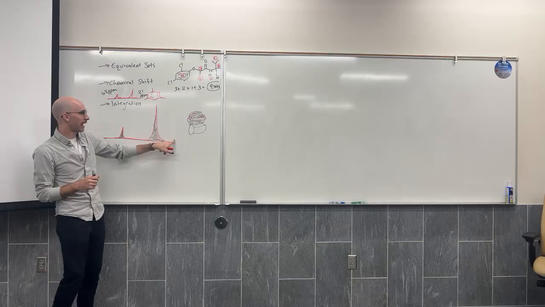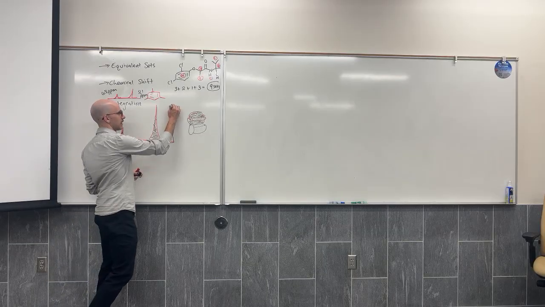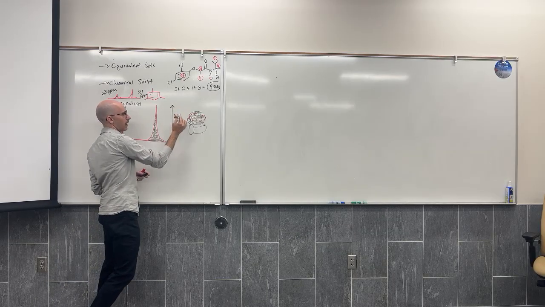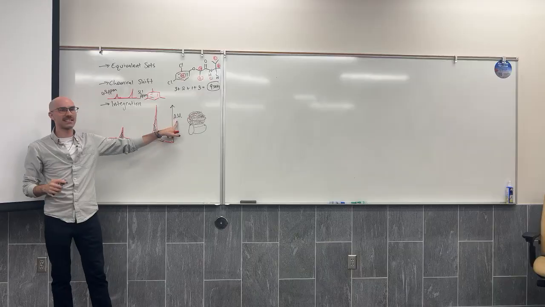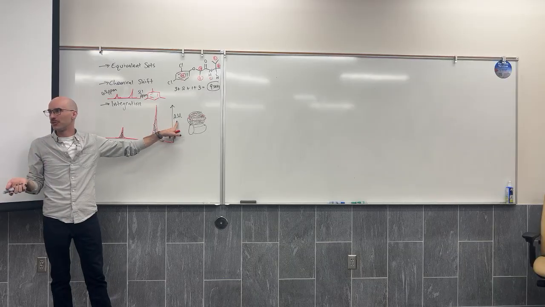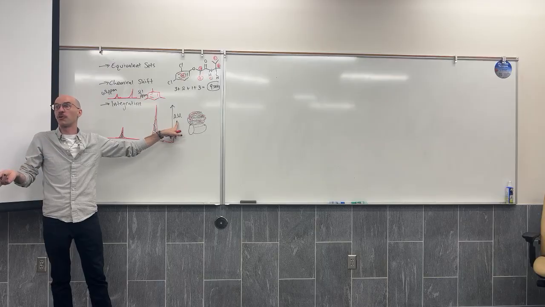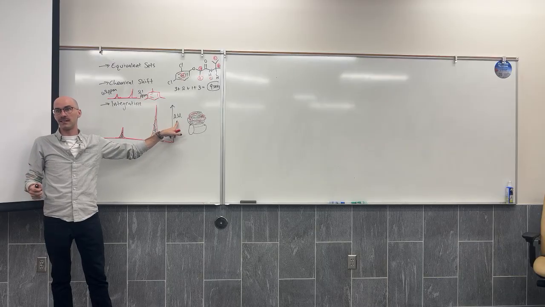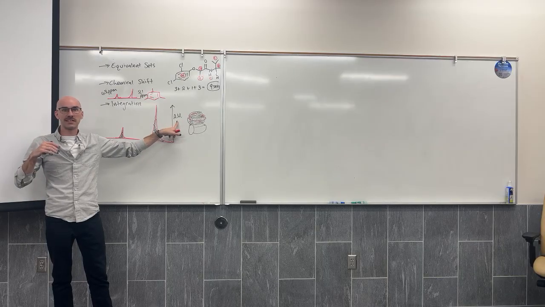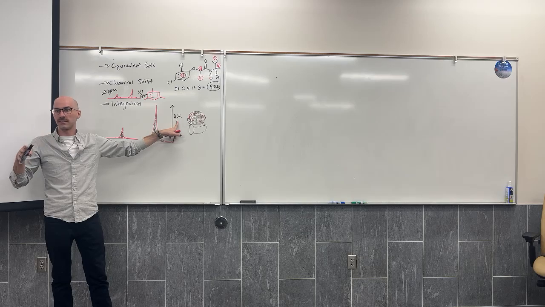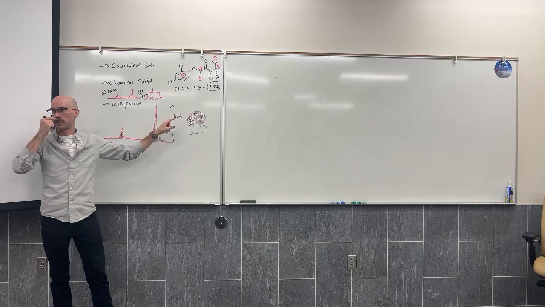Now, we talked about how the y-axis is relative intensity, which means that it's arbitrary units. That's what AU means, arbitrary units. Who cares what the unit is? It's not inches, it's not intensity, it's arbitrary units.